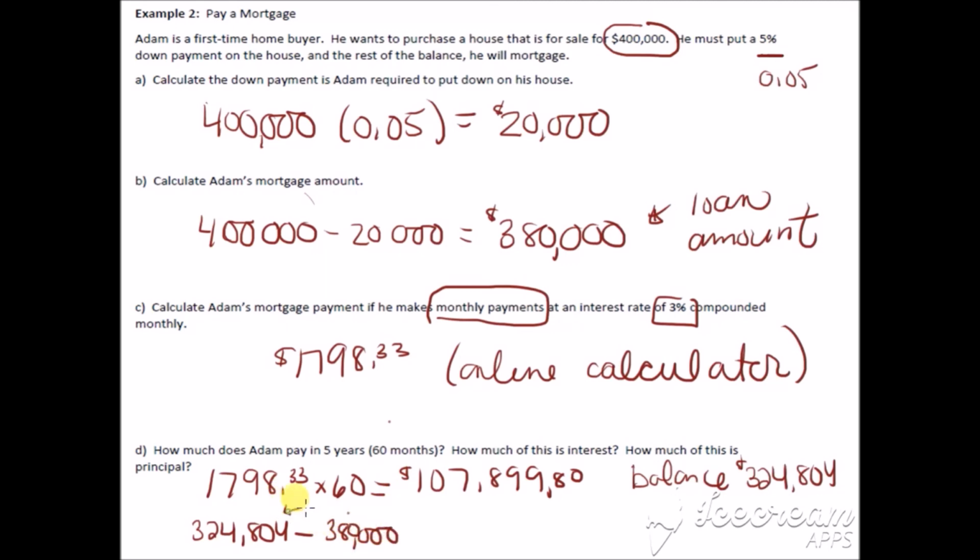This should be backwards. That's okay. Okay, so 380 minus 324,804. What we're going to get, 55,196. This is going to be the principal amount.